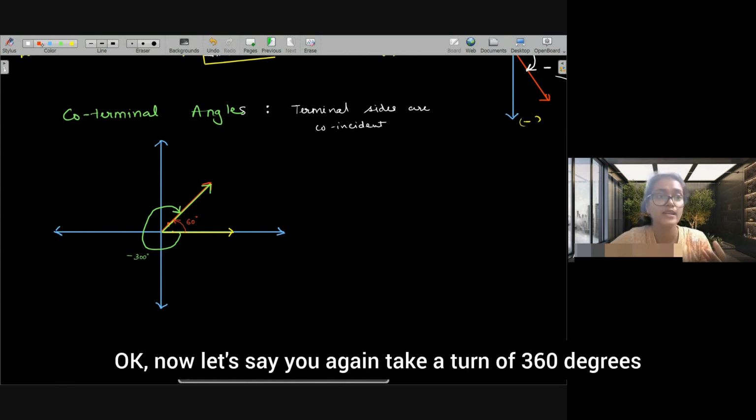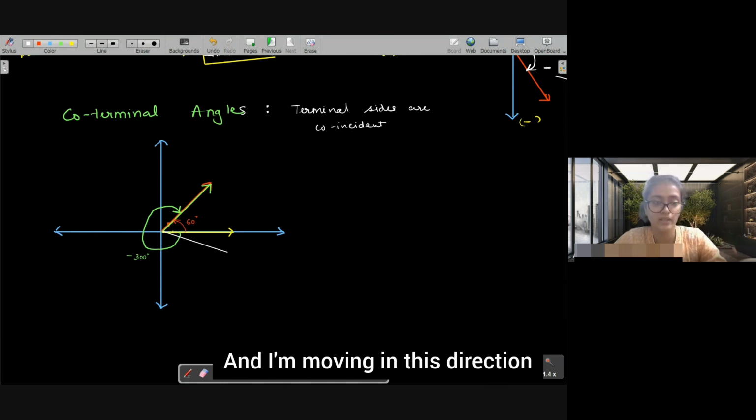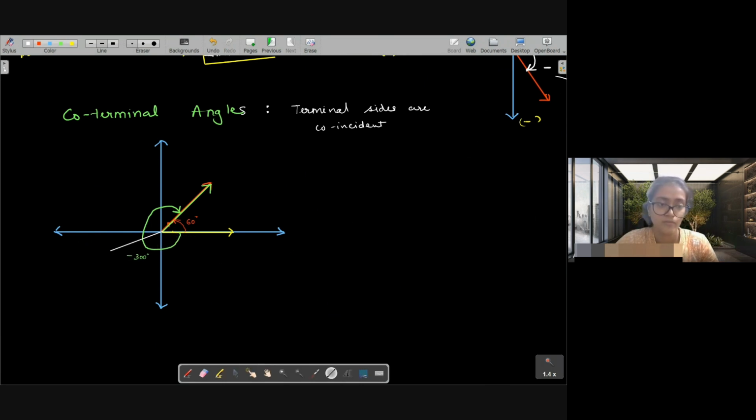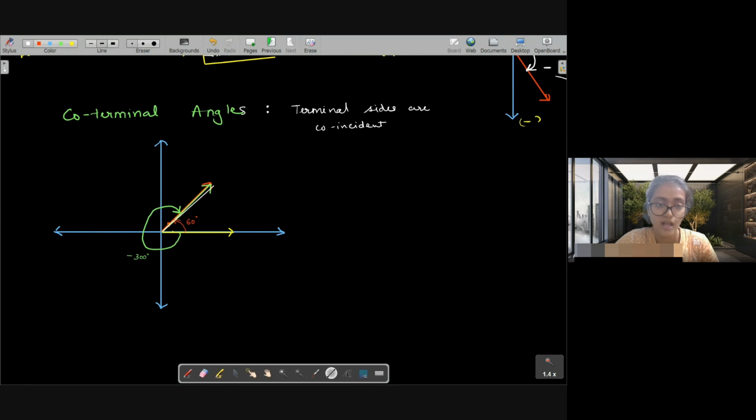Now let's say you again take a turn of 360 degrees. I started here and I'm moving in this direction, so this angle was negative 300. Now I again make a full turn.